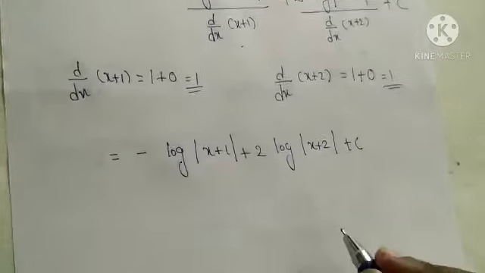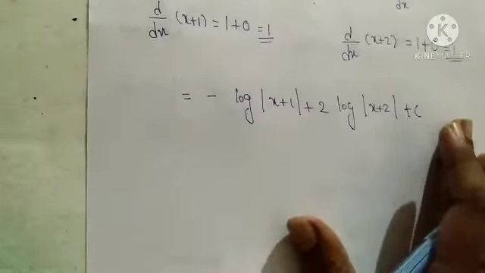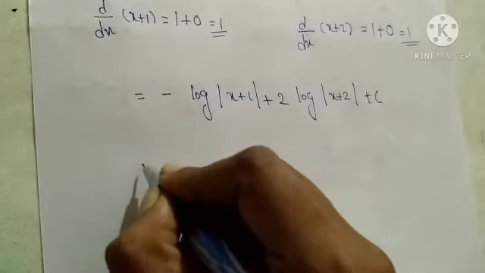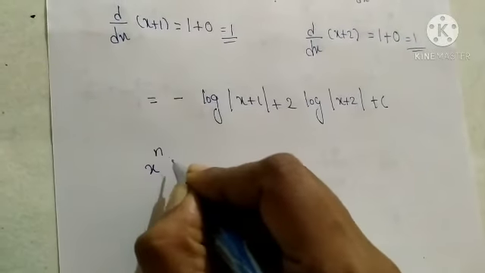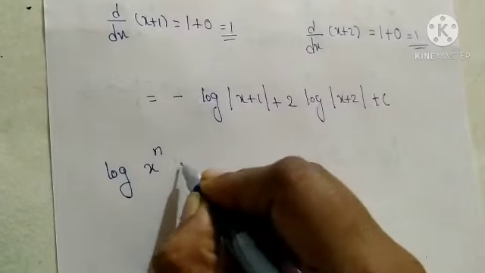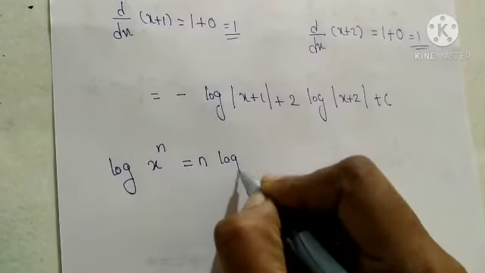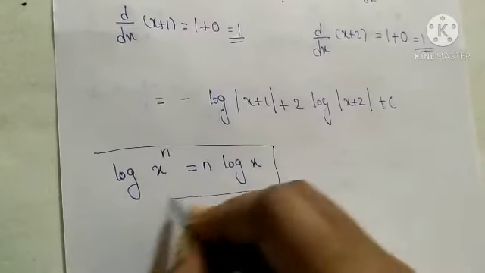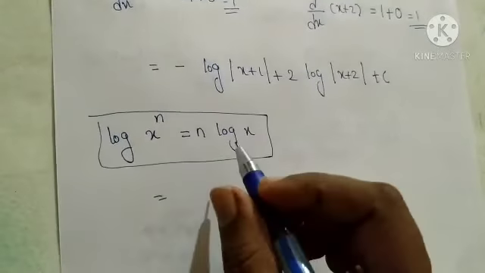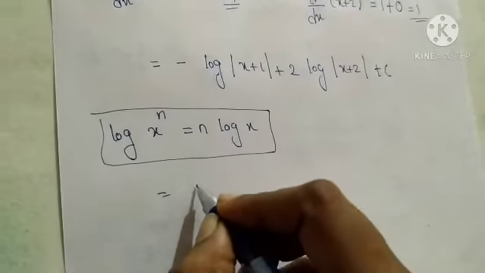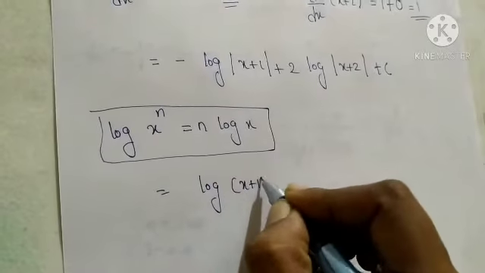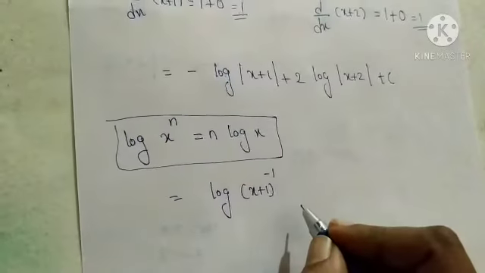Okay, so by using one of the properties of logarithm, log x raised to n can also be written as n log x, right? So by using this formula, we can write the first term as log x plus 1 whole raised to minus 1.